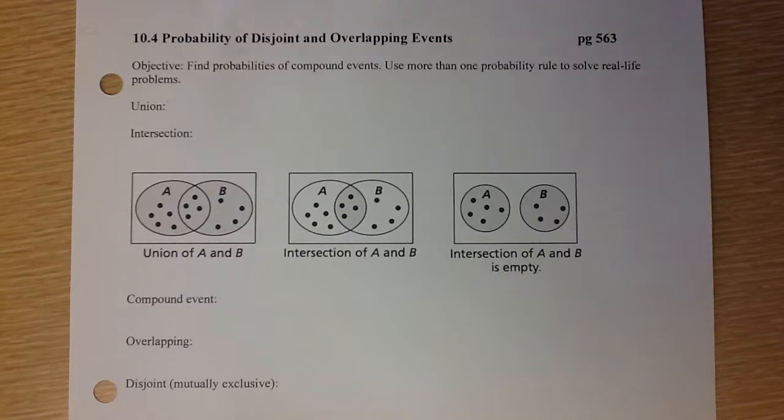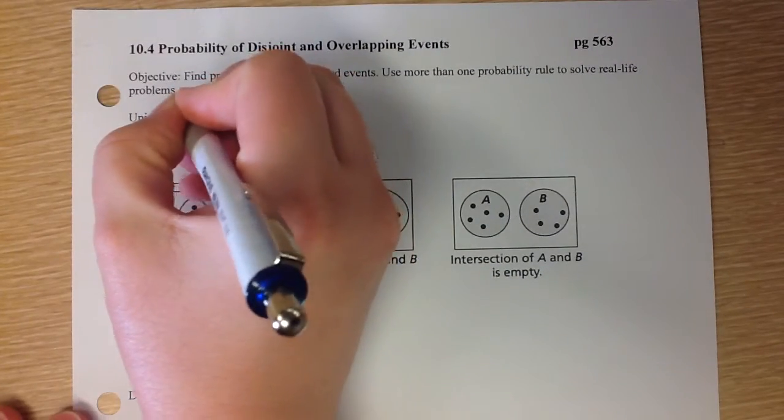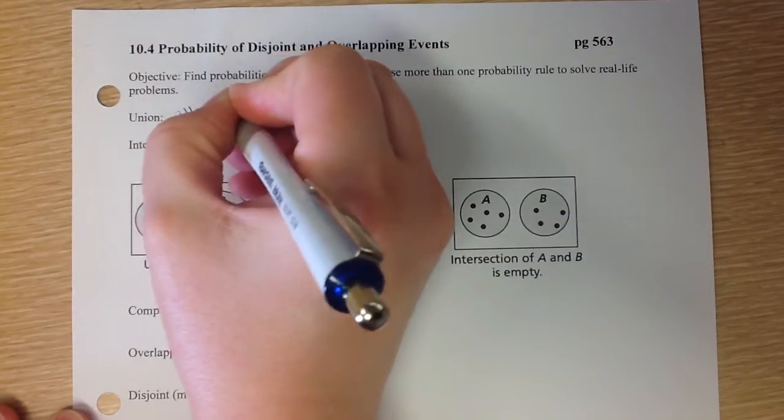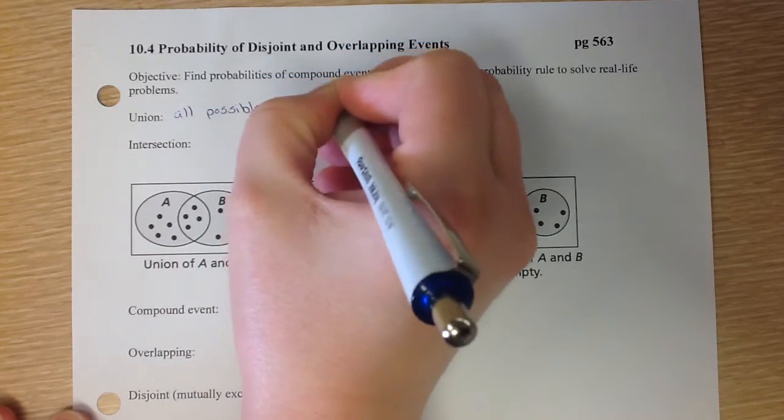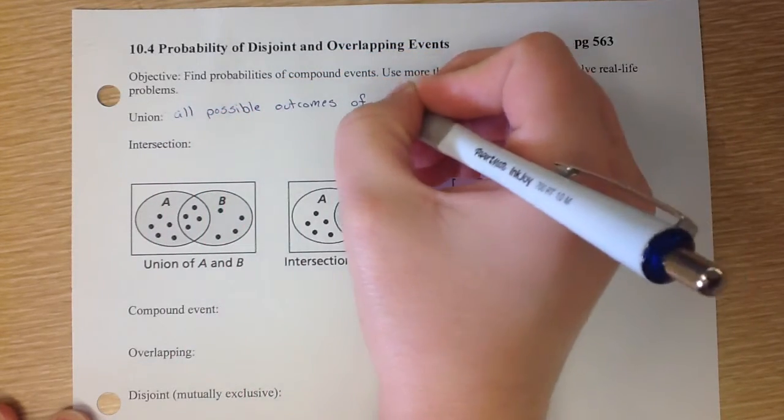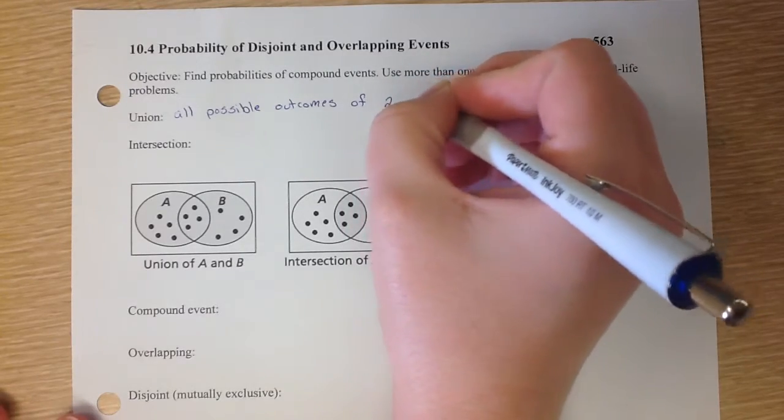Okay, so first, the union. The union of two sets. A union is when you consider all possible outcomes of two sets.